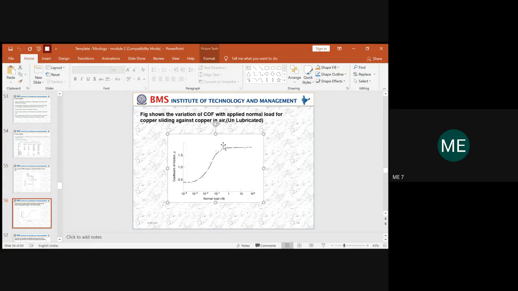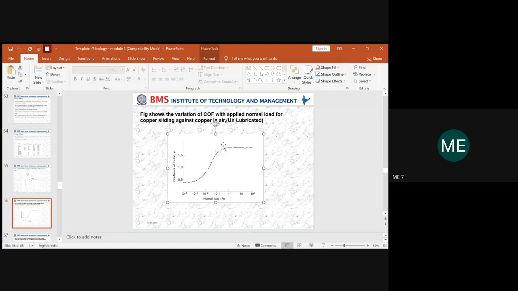So if this kind of graphs are given, you should be able to explain in your own words. For that, you should know the concept so that you can read the given graph. If by chance in the examination or in the internals, it is asked to explain about the friction of metals, you should first substantiate what the importance of knowing the friction in any metal or non-metal is.